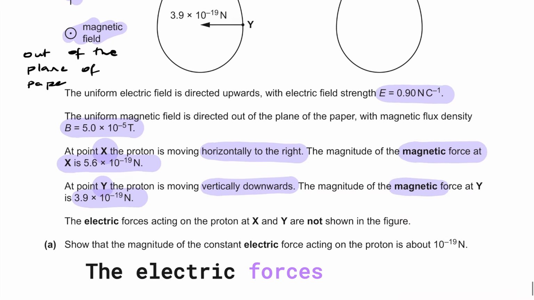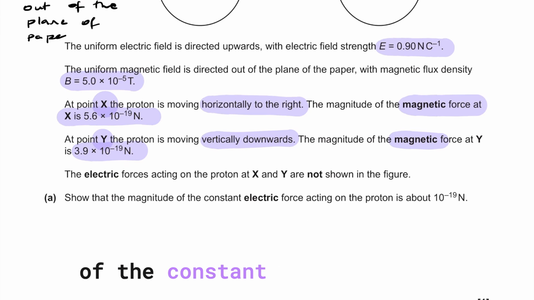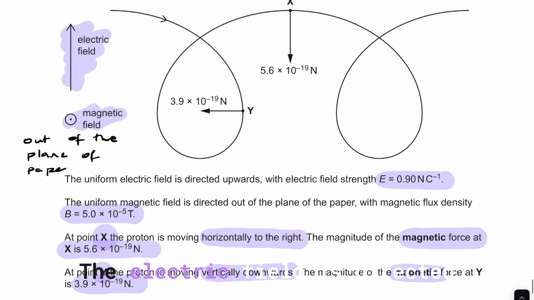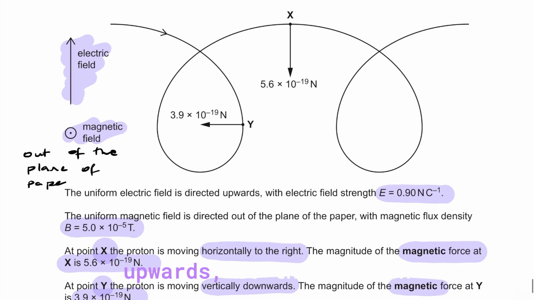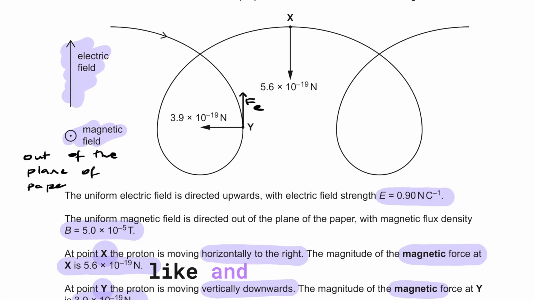The electric forces acting on the proton at X and Y are not shown in the diagram, and we need to show that the magnitude of the constant electric force acting on the proton is about 10 to the minus 19 newtons. The electric field is directed upwards, so this proton being positively charged will have an electric force upwards, and same here, it's constant.